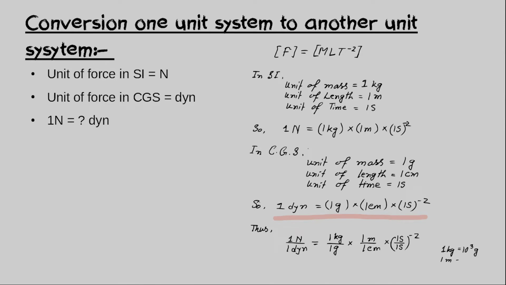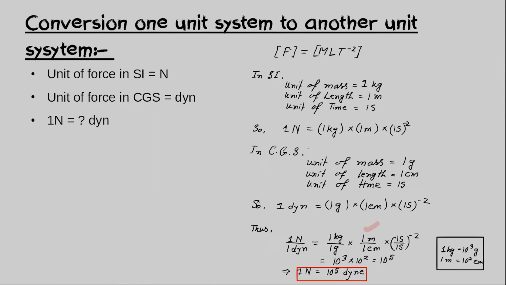Then the ratio of 1 Newton by 1 dyne is equal to 1 kg by 1 gram, into 1 meter by 1 centimeter, into 1 second by 1 second whole to the power minus 2. We know 1 kg is equal to 10^3 gram and 1 meter is equal to 10^2 centimeter.